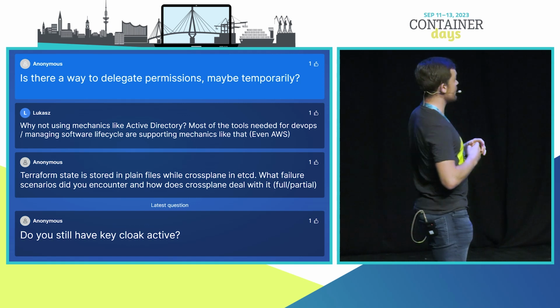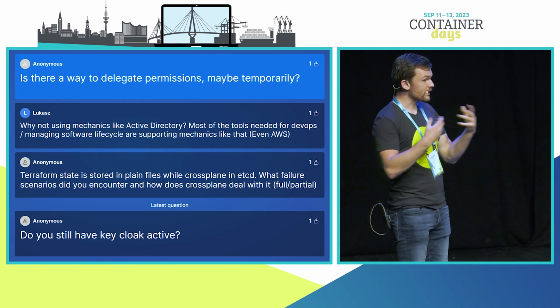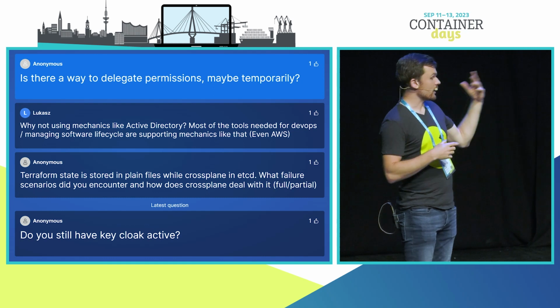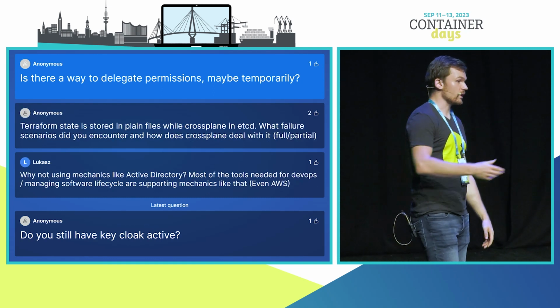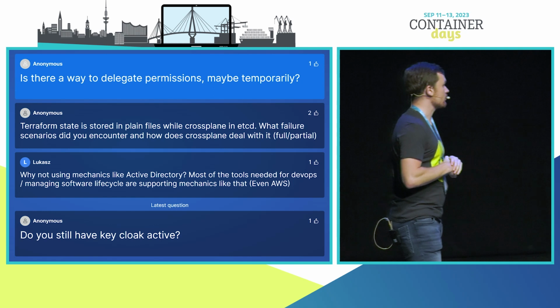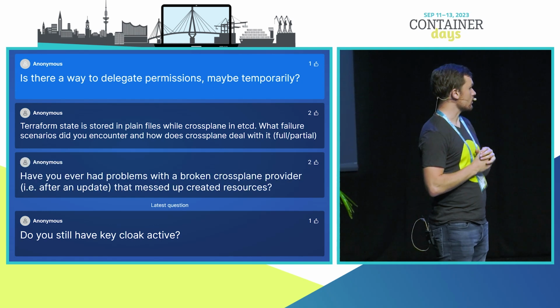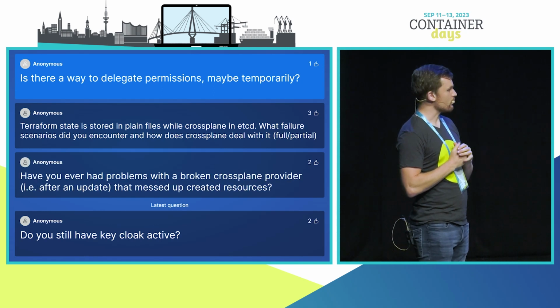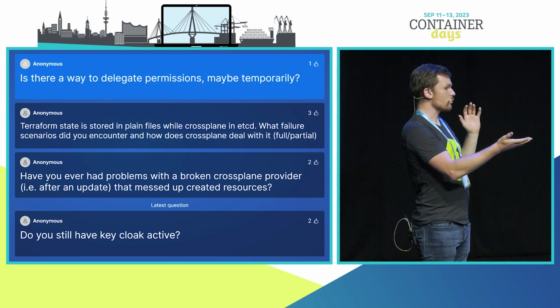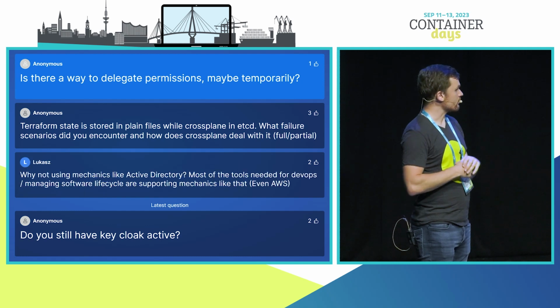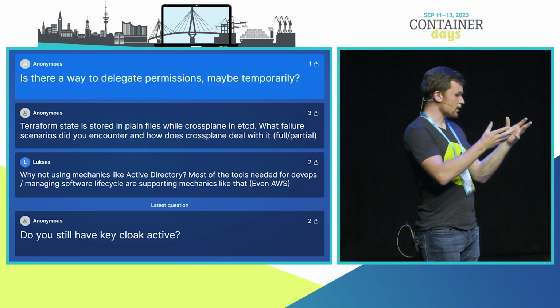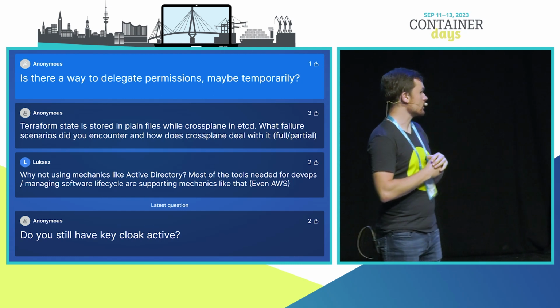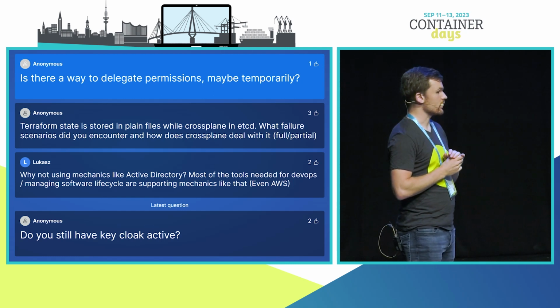Then you can delegate the permission management to certain users, and you could also add features like removing roles after a certain amount of time. So that's up to automation. Since we are completely free in defining that state in our Git repository, features like that can be added quite easily.